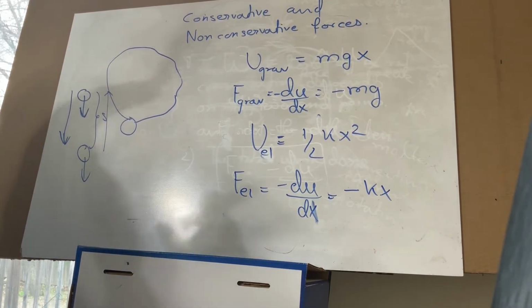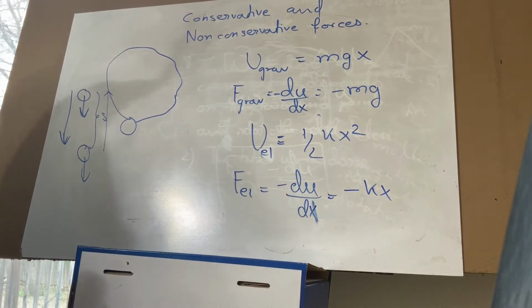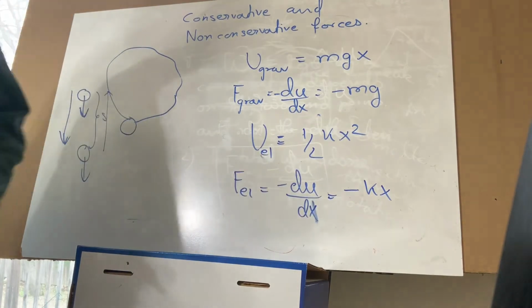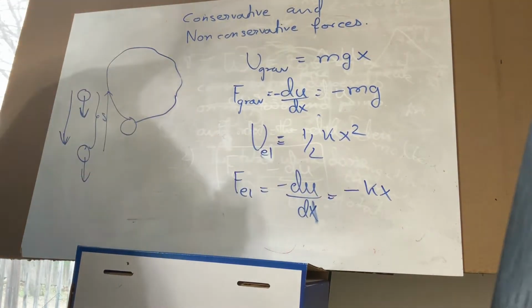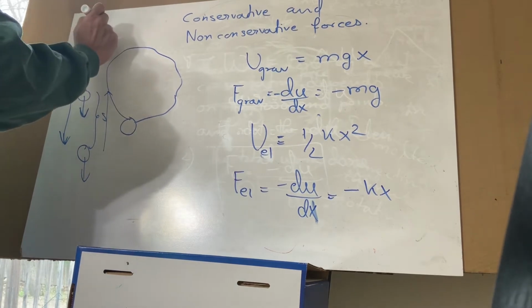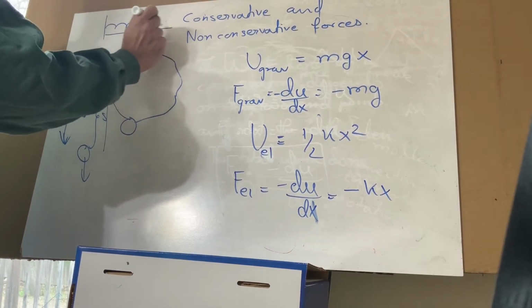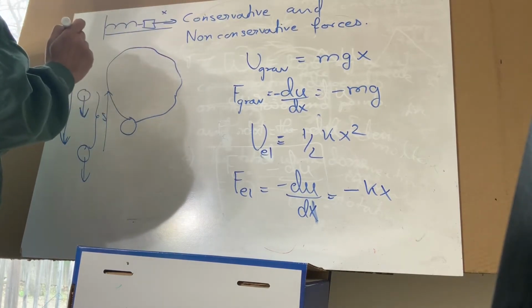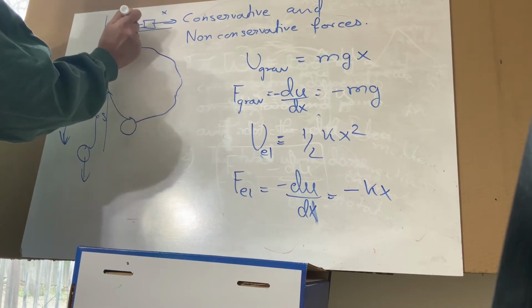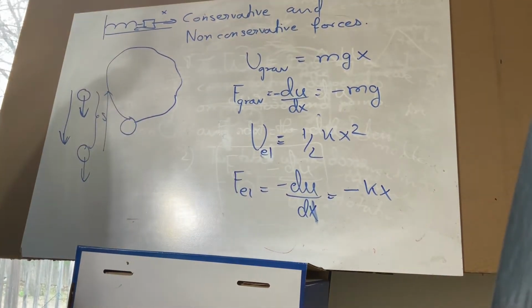So if the object is moving to the right, the spring will apply a force on the object to the left, making it negative to the displacement. If you have a spring, for example, attached to a block, and I move it this way, positive x, the force on this object is negative k times x.